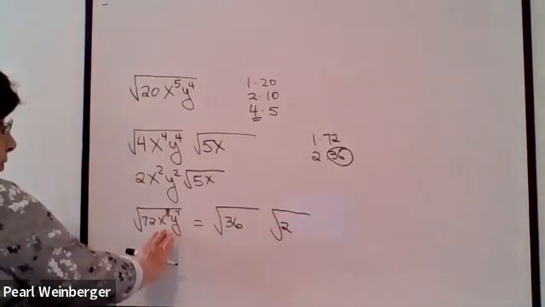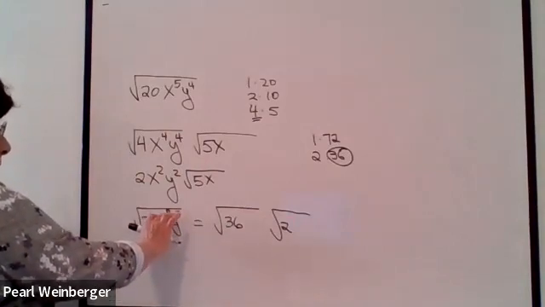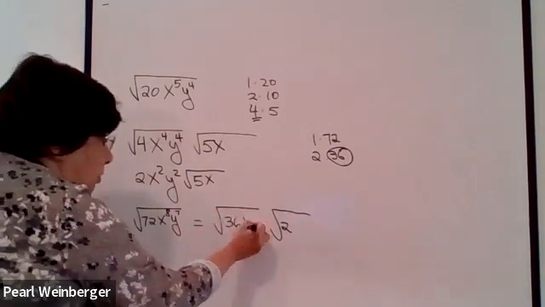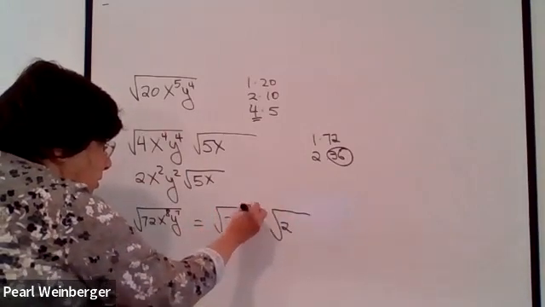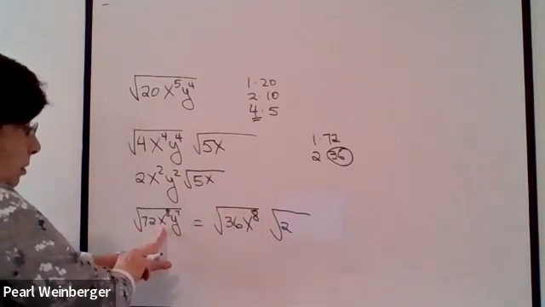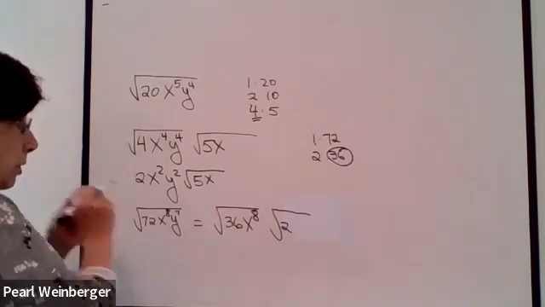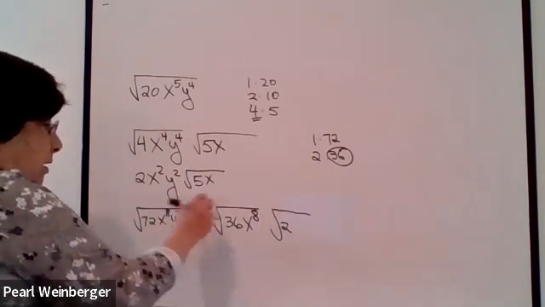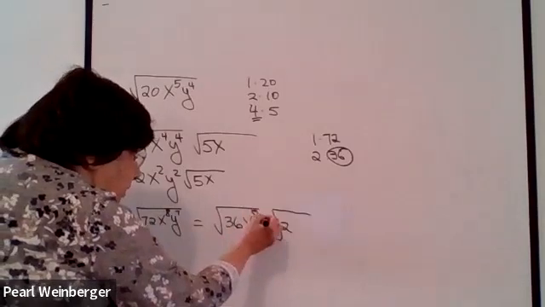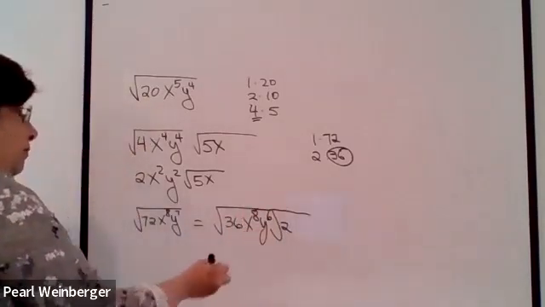Now I'm going to deal with the variables. X to the 8, the exponent is even. I put it totally in the first radical because it's a perfect square. Y to the 7 though has to be broken up because it's odd. I'm going to take 1 away from it. I'll get y to the 6 and put that in the first.